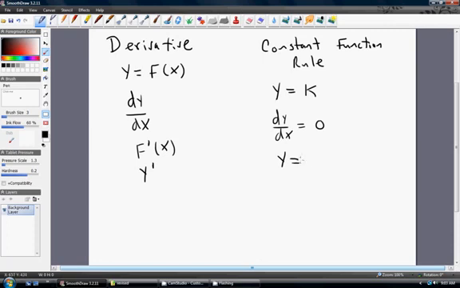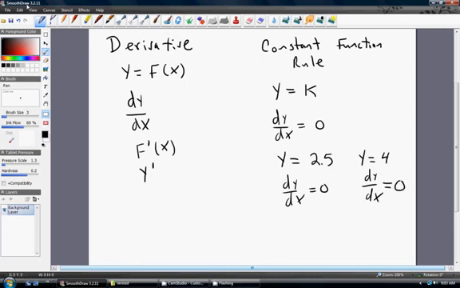For example, if y equals 2.5, the derivative is 0. Y equals 4, the derivative is 0. So the derivative of a constant function is always 0.